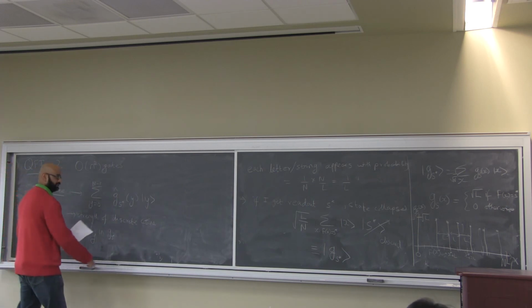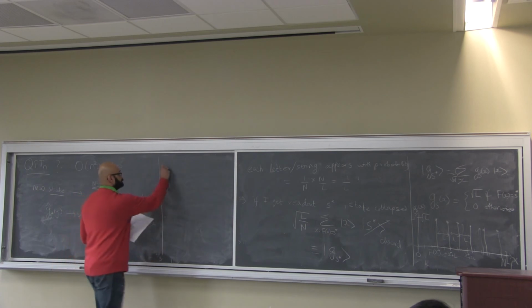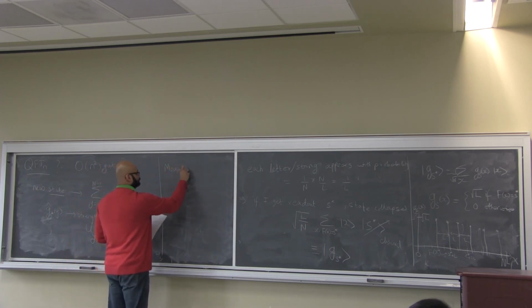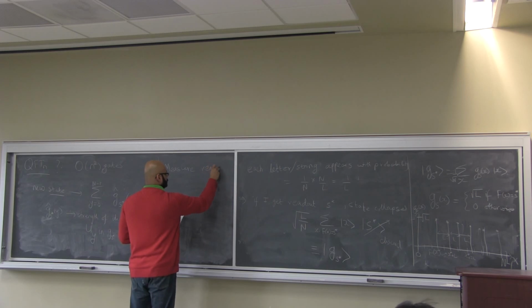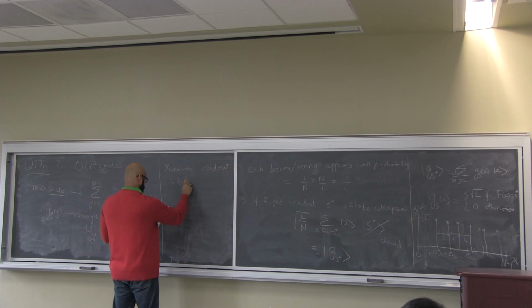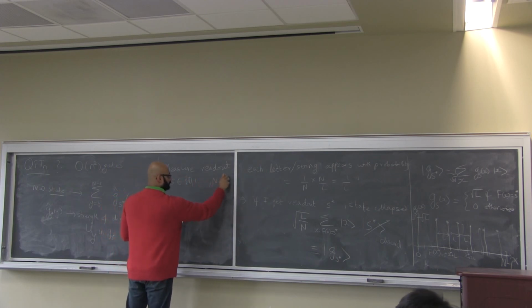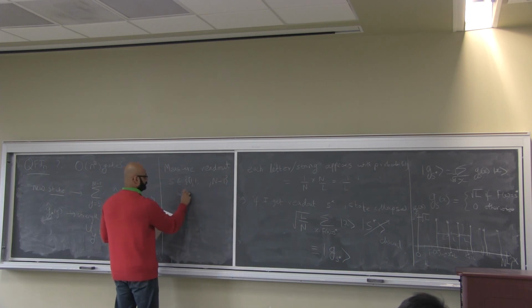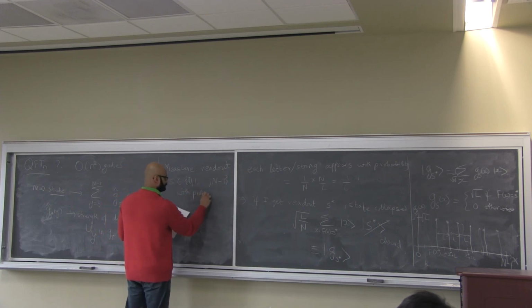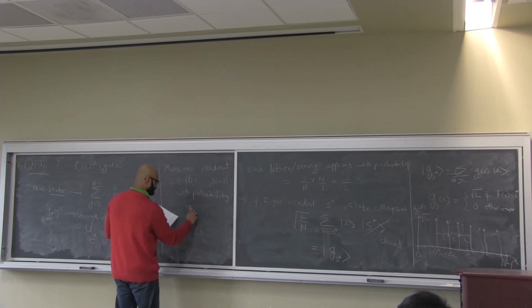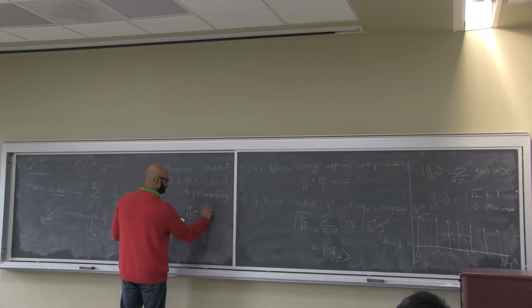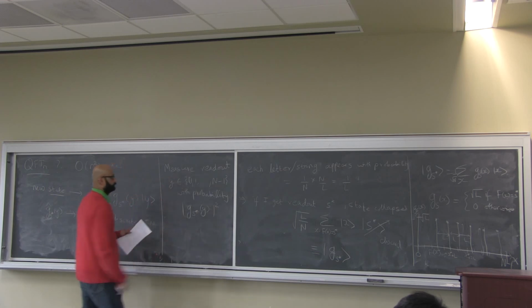Therefore, when I measure the readout, y belonging to 0, 1 up to n minus 1, with probability GS star of y whole squared.